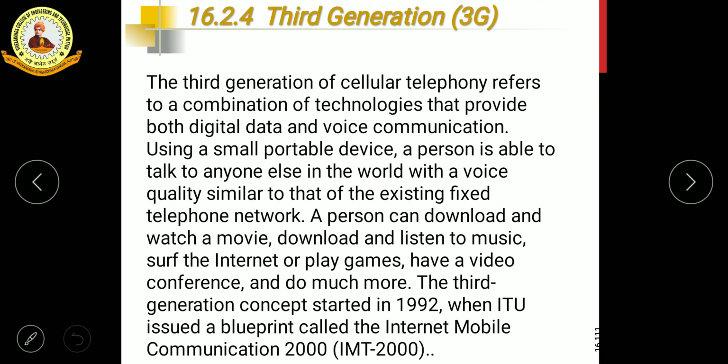So here after third generation, we have used it especially for data purposes, right? Here it is a combination of both. It provides digital data service and voice communication also, right? So what are the things that evolved, we will discuss here.